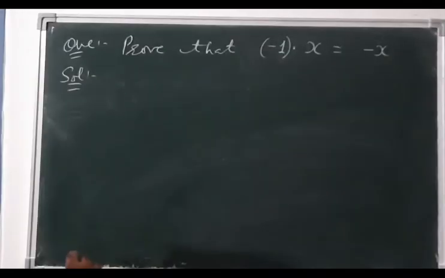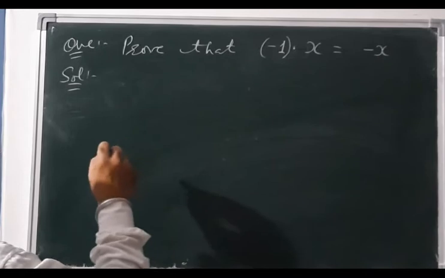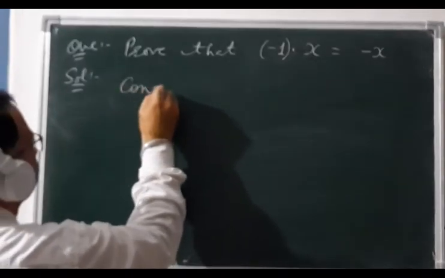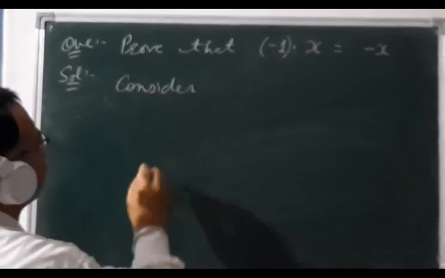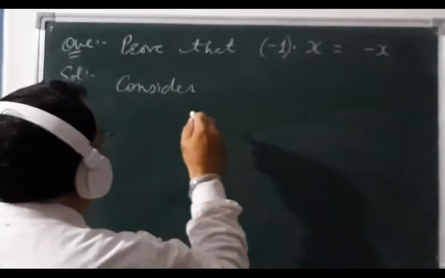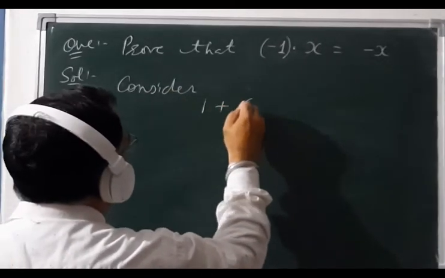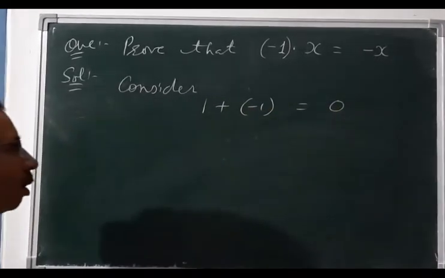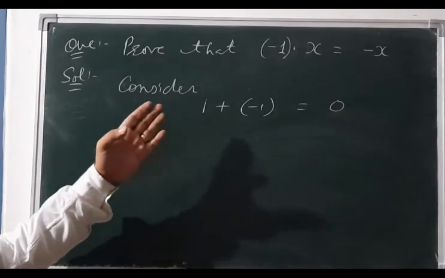This we want to show. So now consider 1 plus minus 1 is equal to 0, because this minus 1 is the additive inverse of 1.